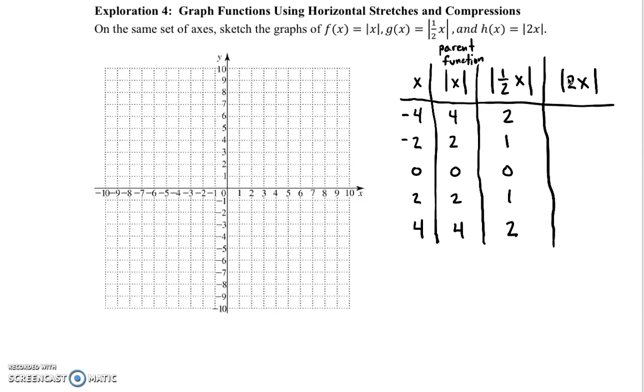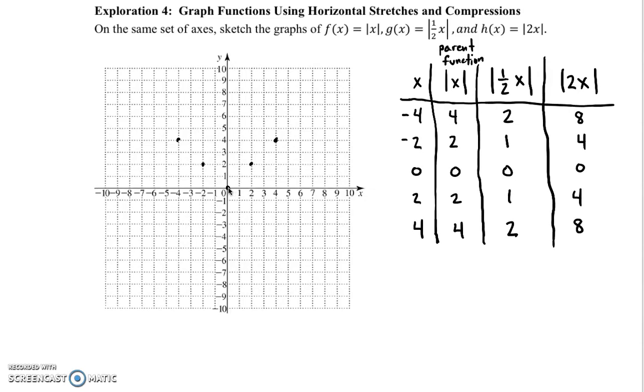And for the absolute value of 2x, we get 8, 4, 0, 4, and 8. So let's start with the absolute value of x. We get this nice V shape.